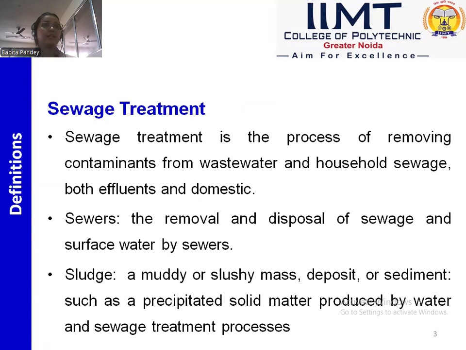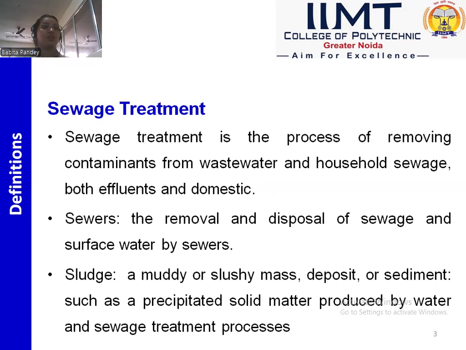So now let me tell you what sewage treatment is. Basically, sewage treatment is the process of removing contaminants from wastewater and household sewage, both effluent and domestic. What is the use of sewers? Basically, sewers are for the removal and disposal of sewage and surface water.